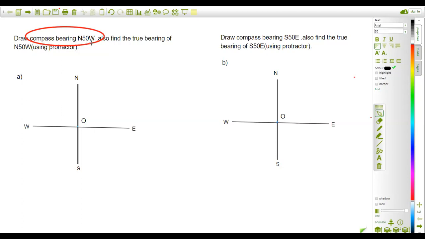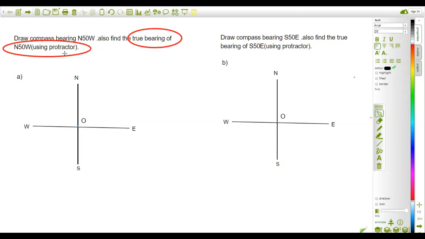We are going to make an angle of 50 degree from north pole towards west. And again we have to find out the true bearing of that compass bearing, and here we can use the protractor.